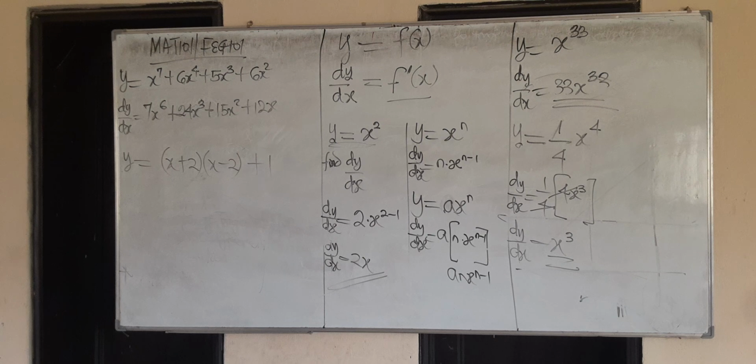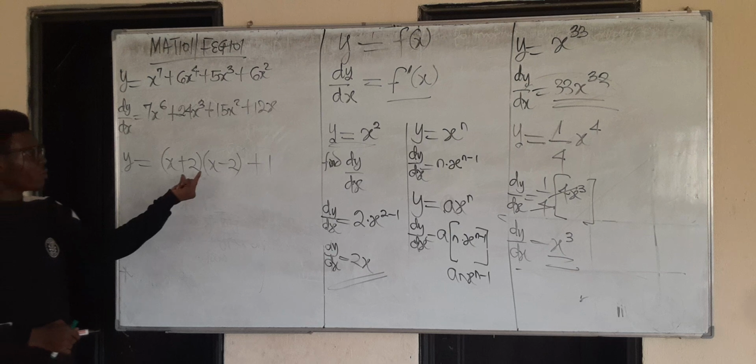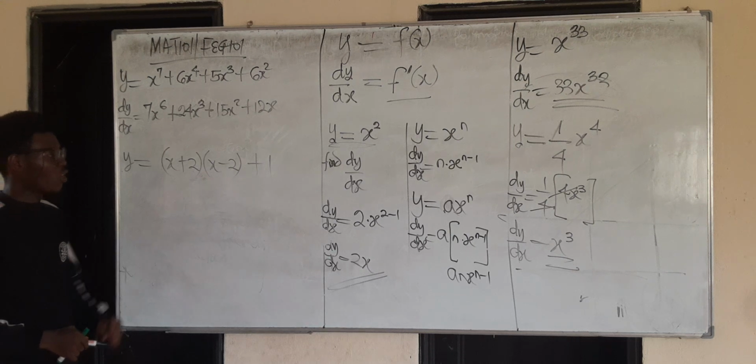If you check it and you think product rule is going to work, fine, use it. If you check it and chain rule is going to work, use it. If you check it and general rule is going to work, you are free to use it. But in this case, since we are still dealing with general rule, that is term by term differentiation, what are we going to do? We are going to expand this first, are we? Yes. And then collect like terms.